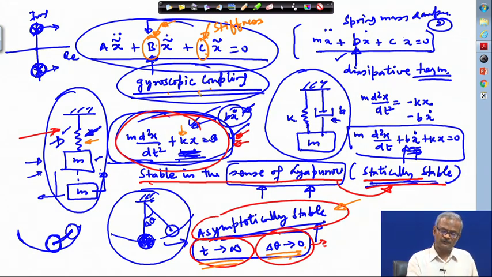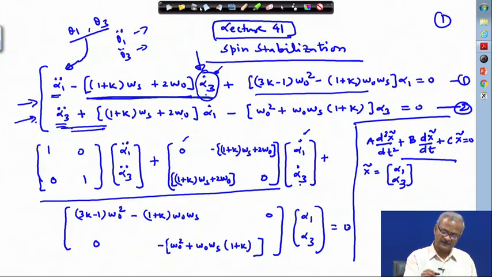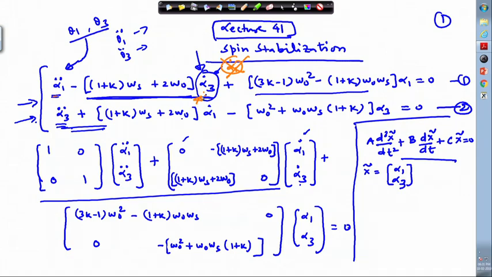We should never be misled by the way it is written into thinking it is a damping term, because damping would explicitly depend on alpha 1 dot rather than alpha 3 dot, which is not here. Rather, this is just a gyroscopic coupling.